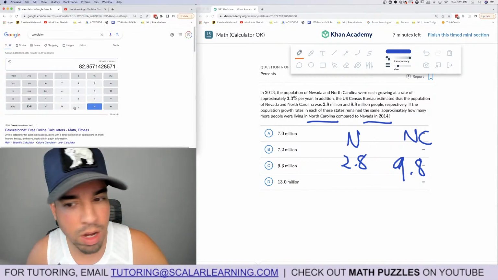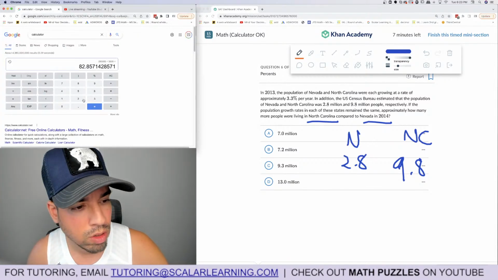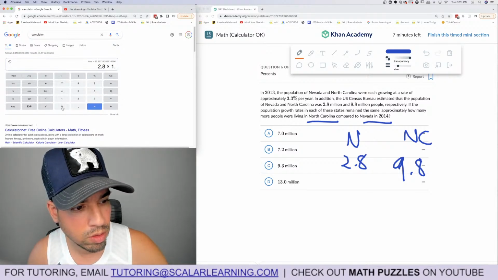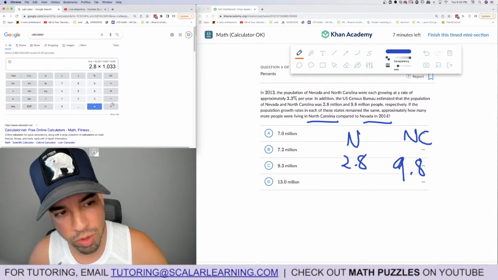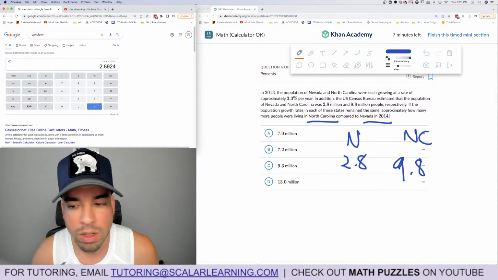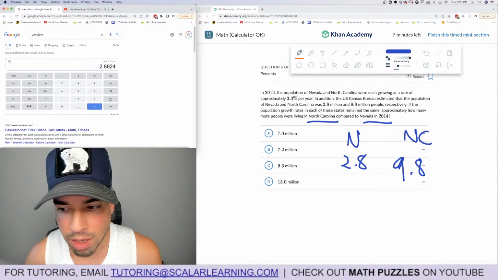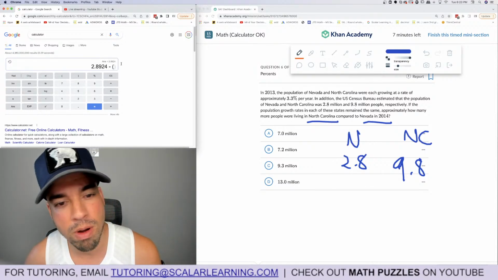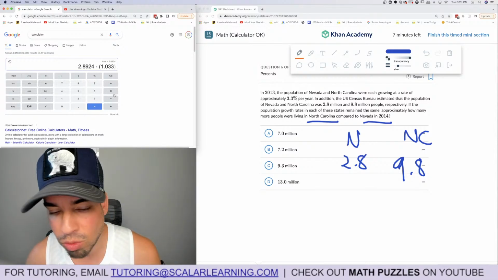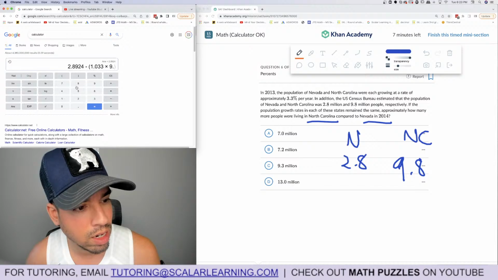Okay, so it's 3.3%. So 2.8 times... So basically, I'm increasing it by 3.3%. It's the same as multiplying by 1.033. And then if I subtract this from, and it's the same as what I'm doing here, 3.3% added on to the 9.8. I should have done it the other way.